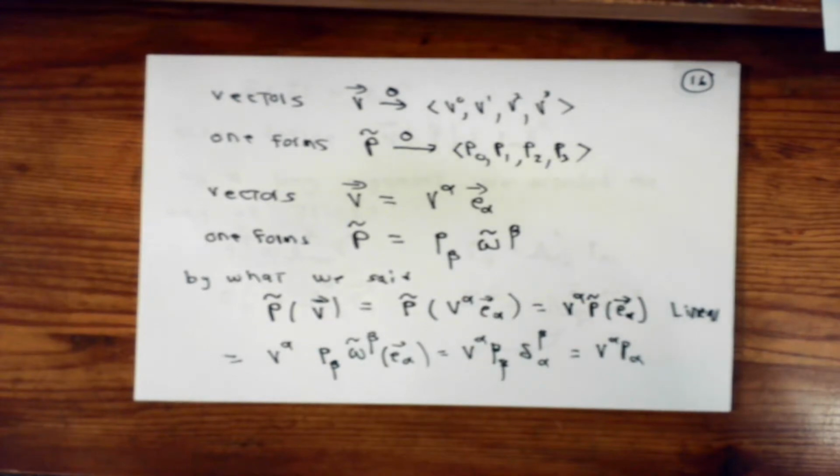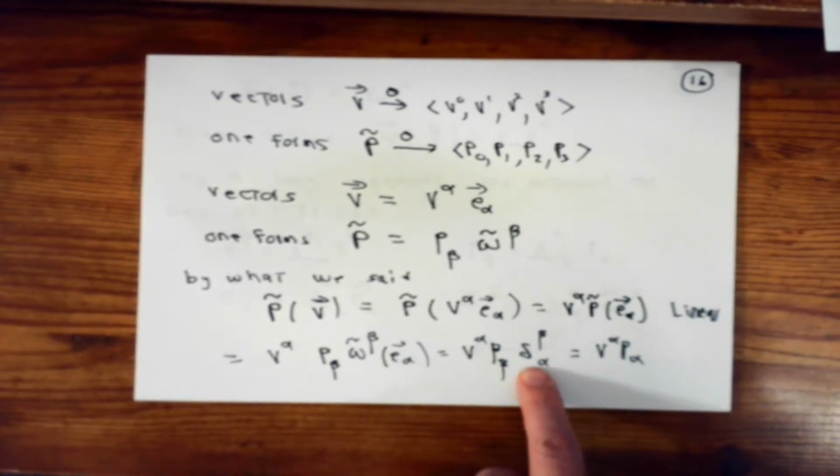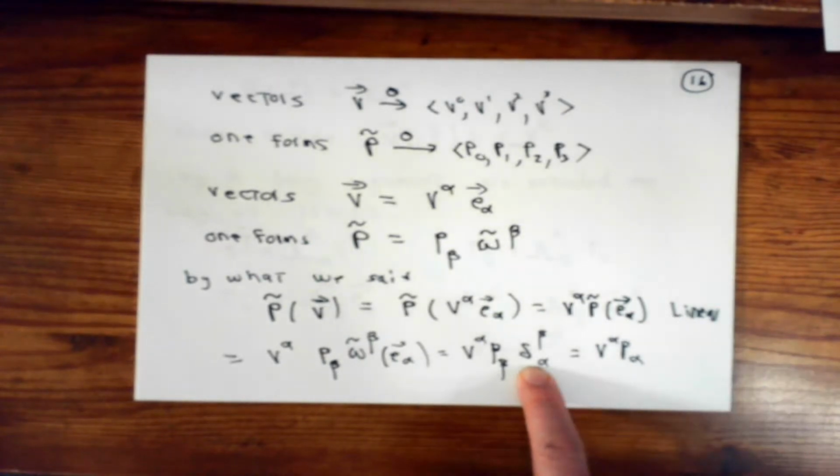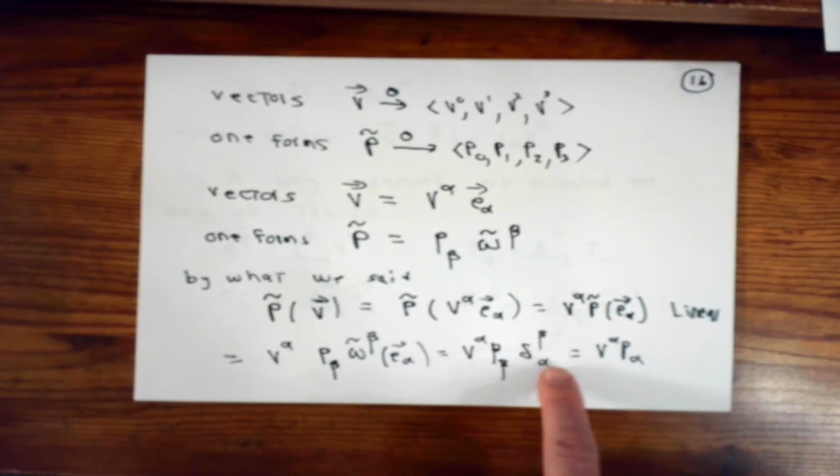However, we've picked the basis for the vector space and the basis for the one form in a special way. Omega tilde beta E alpha is 1 if beta and alpha are the same thing, and 0 otherwise. So delta beta alpha. I'll think of grouping these two things together.